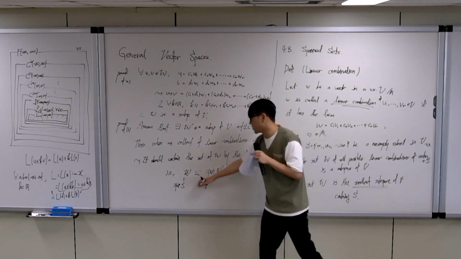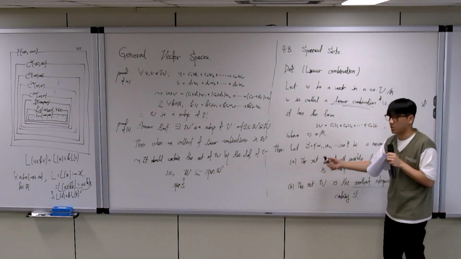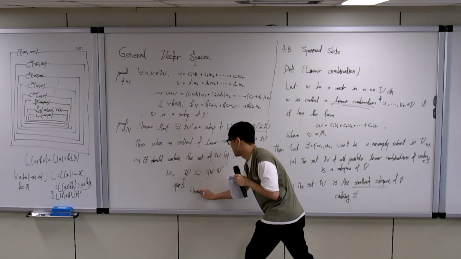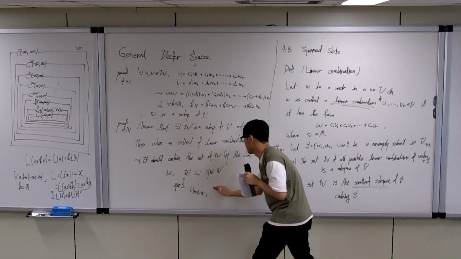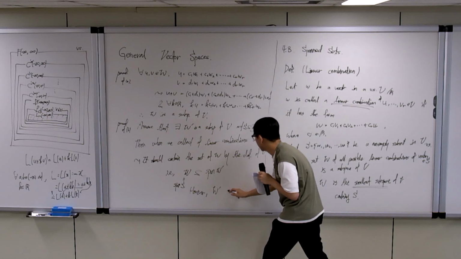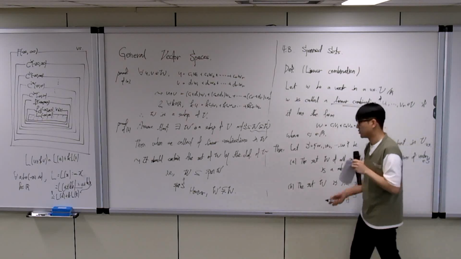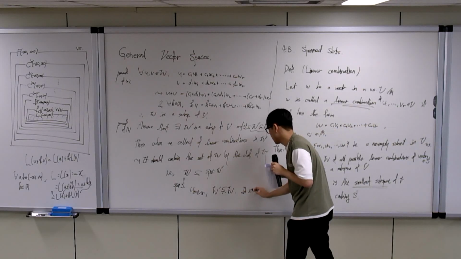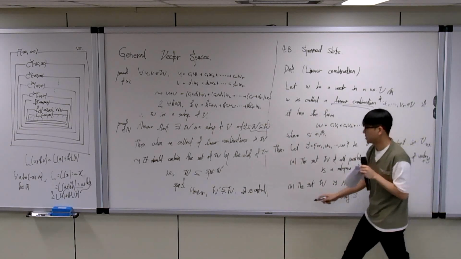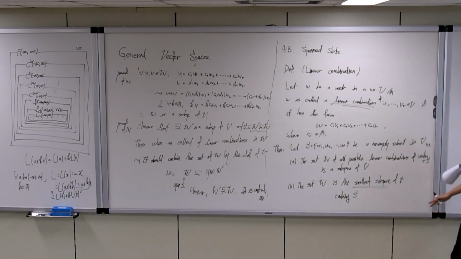And since W prime contains S, it should be larger than or equal to W. However, we know from our assumption, W prime is a proper subset of W, so it is a contradiction. And so W is the smallest subspace of V containing S.